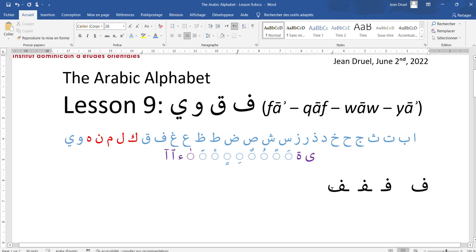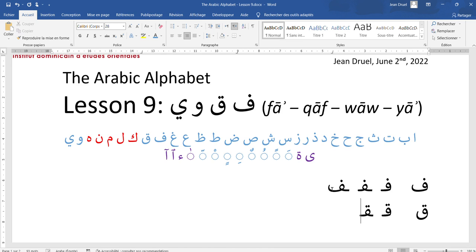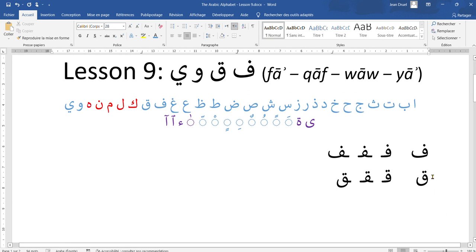The qaf works exactly the same, except that the shape of the tail is different, and there are 2 dots. So we have fa: initial, middle, final; qaf: initial, middle, final. It's pretty easy to spot because of the head and because of the dots.